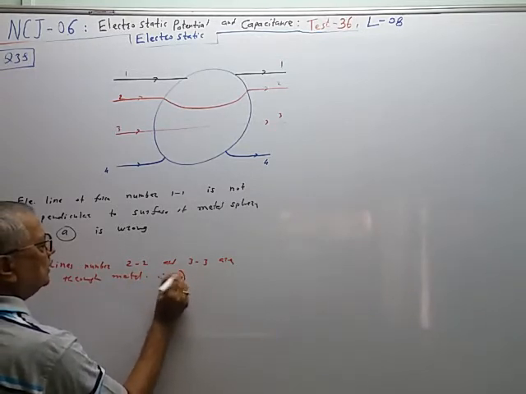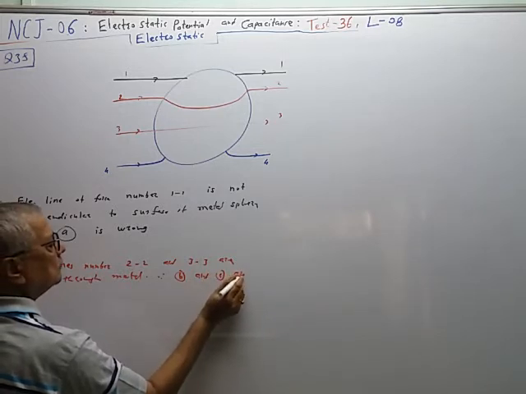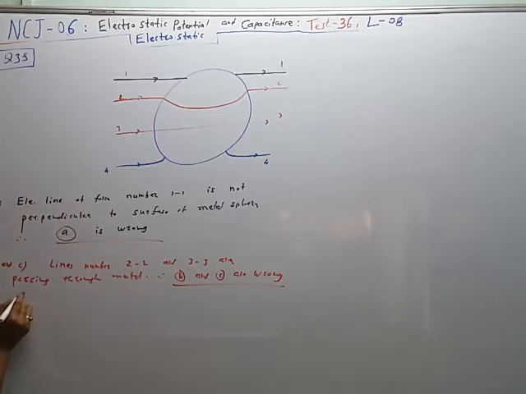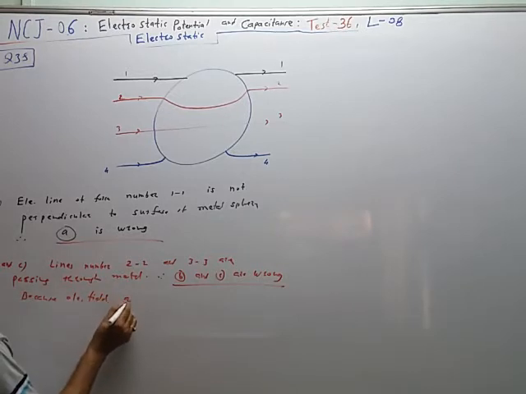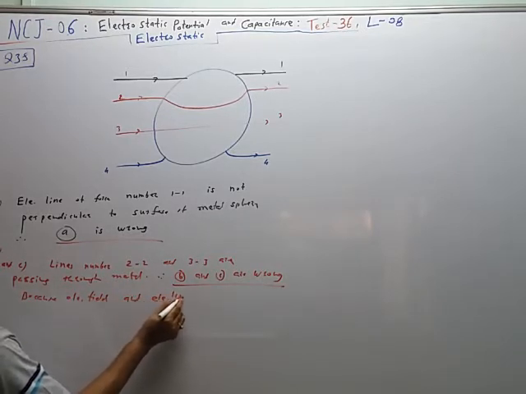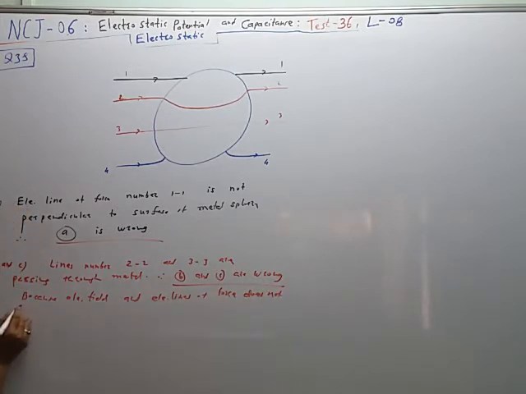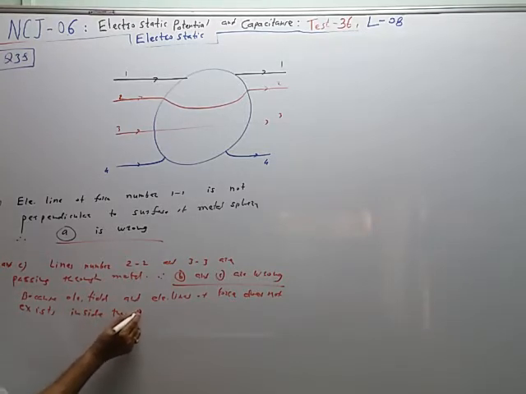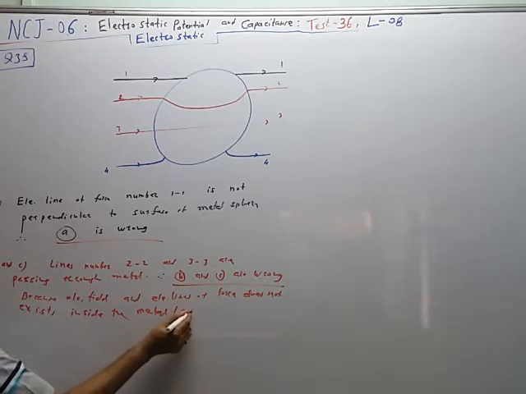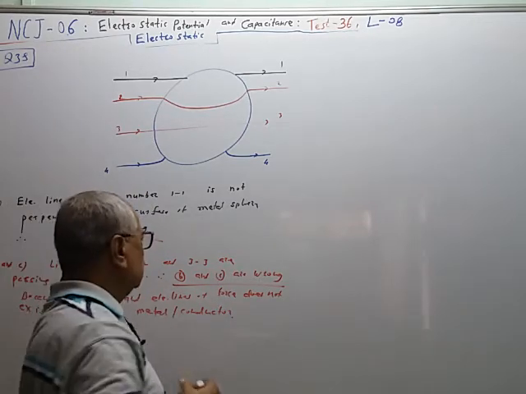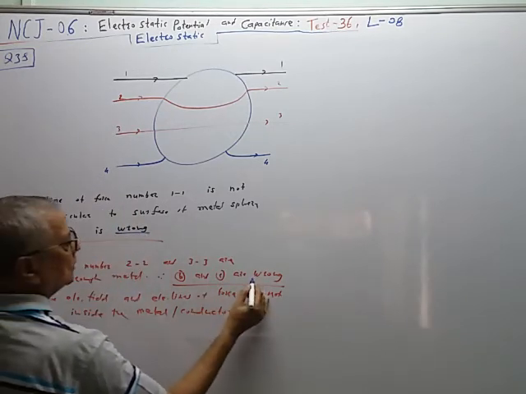Therefore, B and C are wrong, because electric field and electric lines of force do not exist inside the metal or conductor. So A is wrong, B and C are wrong.